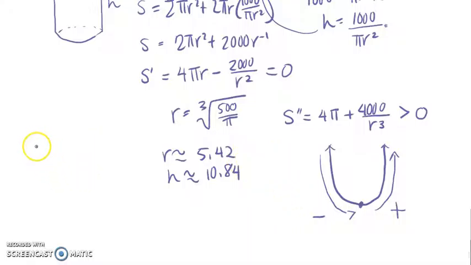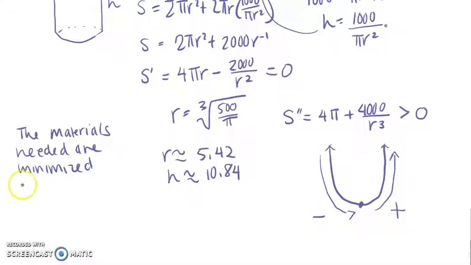So finally, we have to write a conclusion sentence. This is really important. Please don't forget this step. So the materials needed are minimized when the radius is 5.42 centimeters. Please don't forget the units.